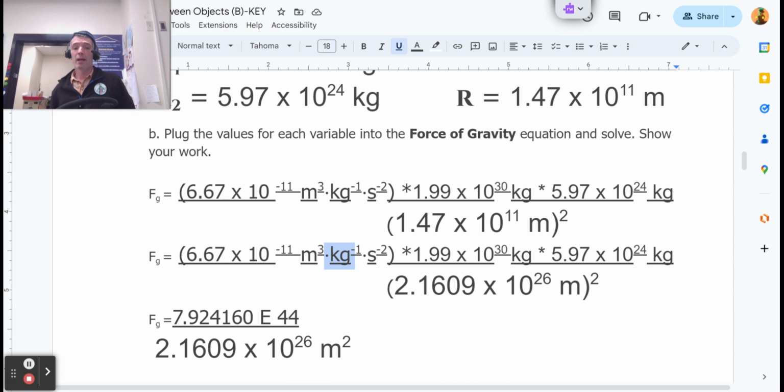I'm going to be left, as in this is going to cancel out with one of these. So we'll be left with 1 kg, and that would just be kg.